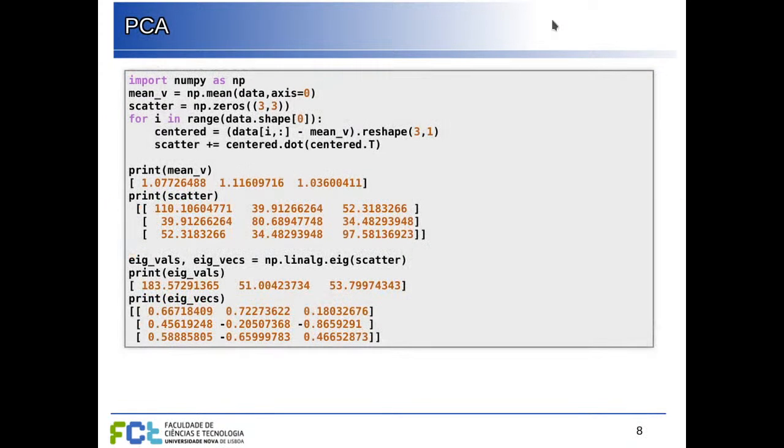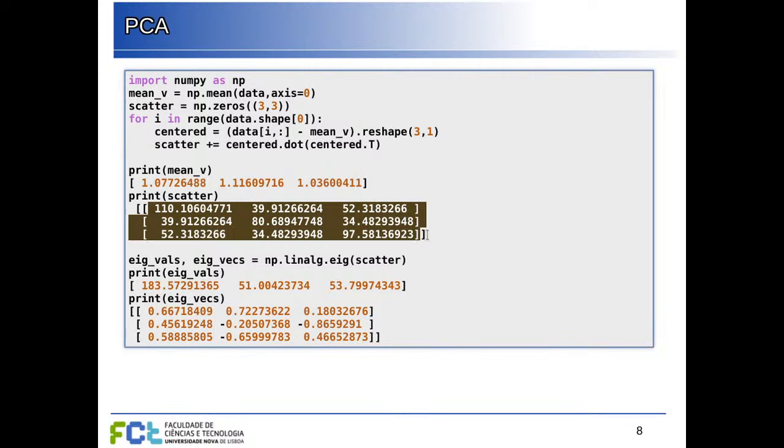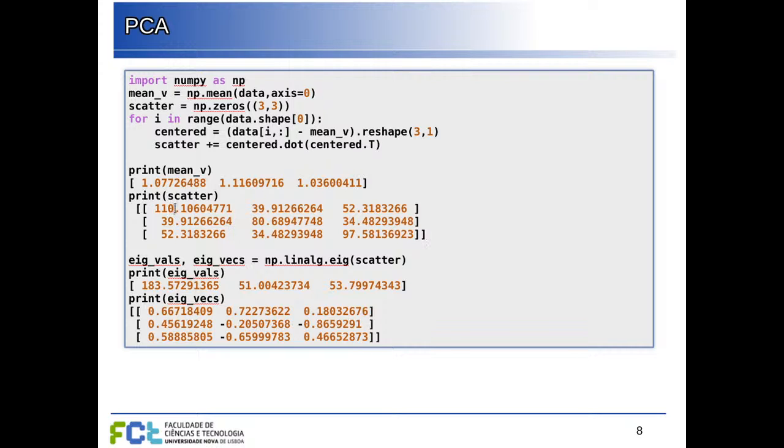So now what we have is this scatter matrix that is basically a multiple of the covariance matrix, where you have these different values indicating dispersion in different directions. And we can compute the eigenvectors using this solver from NumPy.